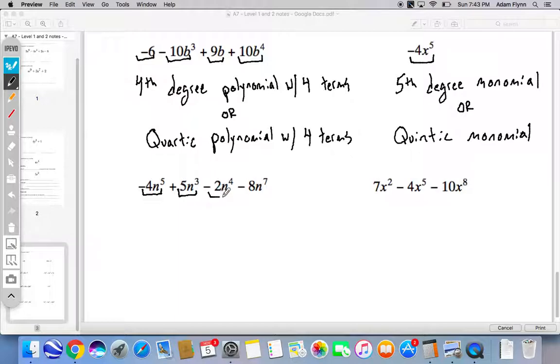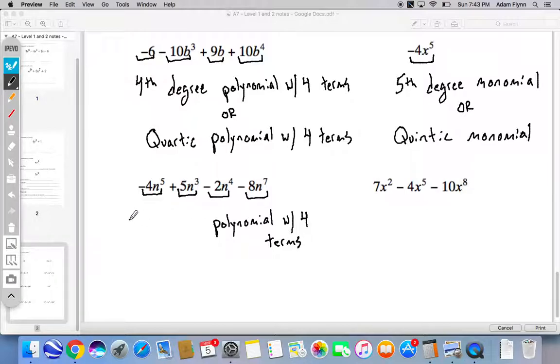So let's go down here. 1, 2, 3, 4 terms. We look at our degrees. We have 5, 3, 4, and 7. So this 7 is our highest degree. So we have again a polynomial with 4 terms. And to describe the degree, we actually don't have a special word for it.